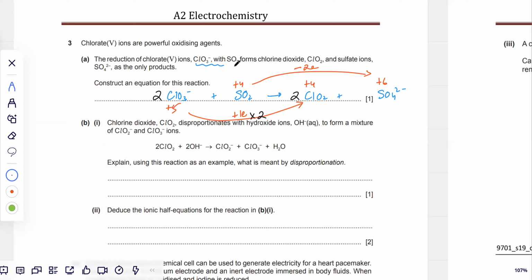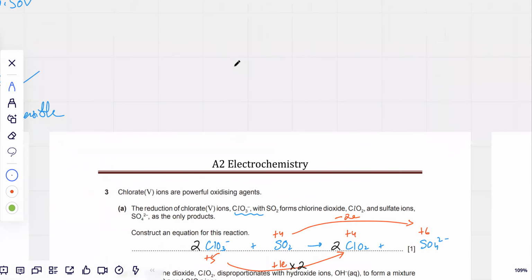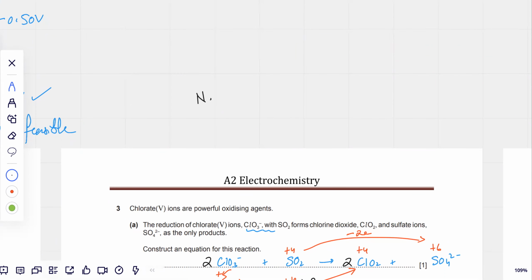So remember how to balance redox reactions. Whenever you have a redox reaction, the number of electrons gained and lost always have to be balanced.